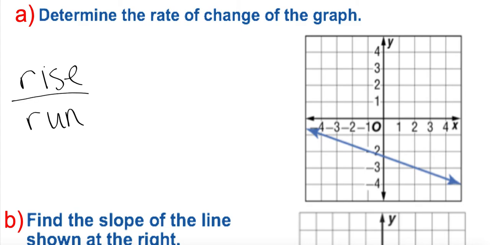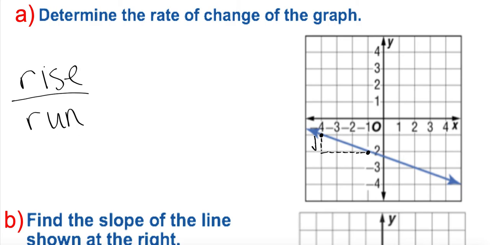Okay, so when you're looking at the graph over here and you're trying to calculate the slope, you find nice points where the graph will go through. When I say nice points, it's right through the corner of the boxes. Okay, so if I'm looking here and I'm counting, I do rise over run.